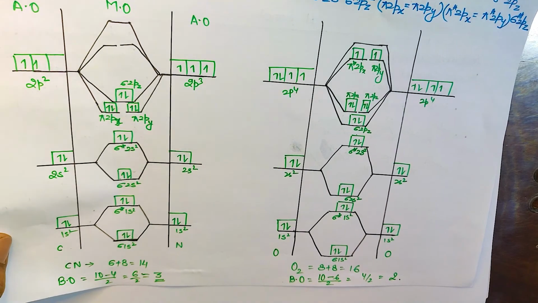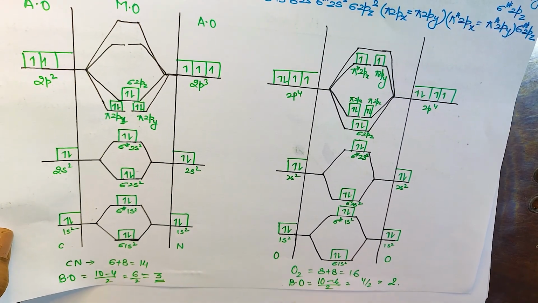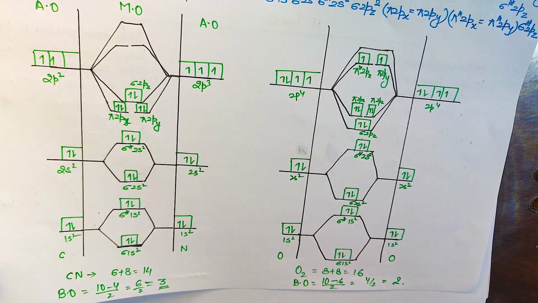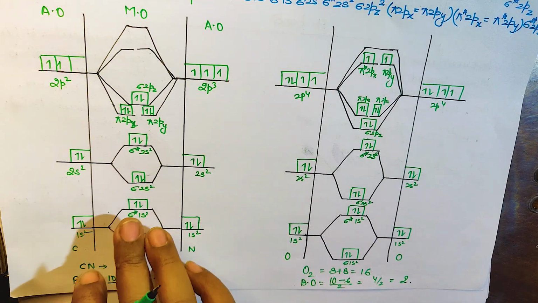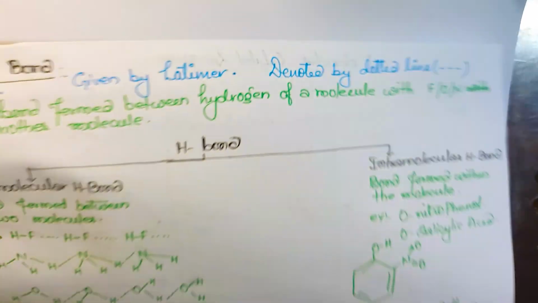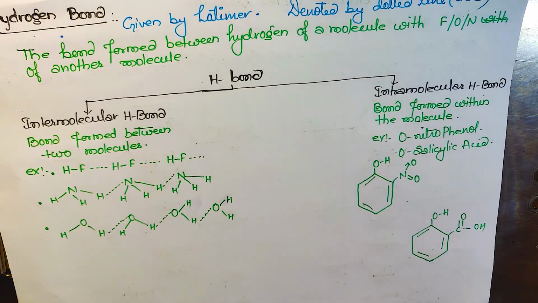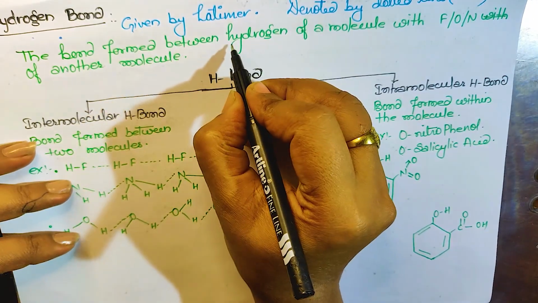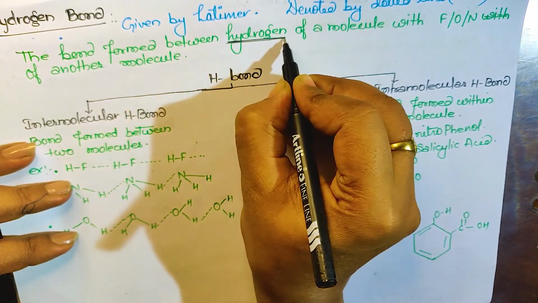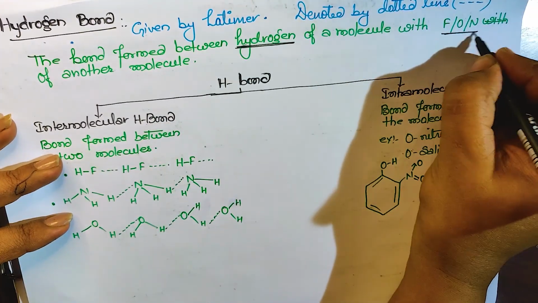So this is all about the molecular orbital diagram, which is rarely asked in your class 11th exam, but you should have the idea for this. Okay. Now the last topic, hydrogen bond. Hydrogen bond was given by Latimer, and it is denoted by a dotted line. The important thing to know is that this forms between hydrogen and FON only.